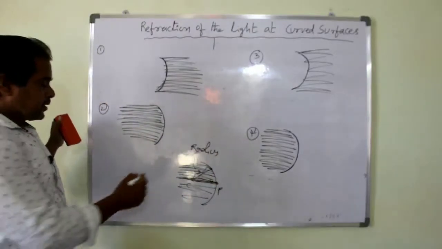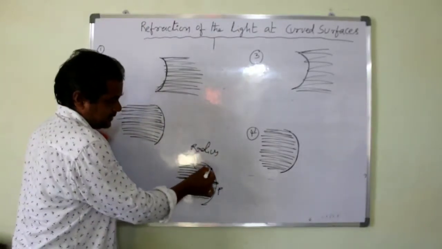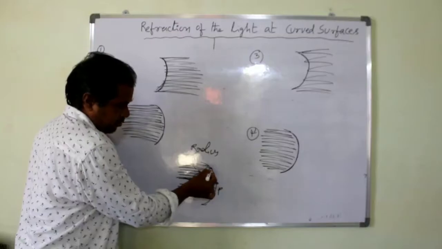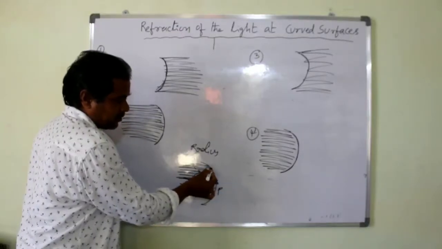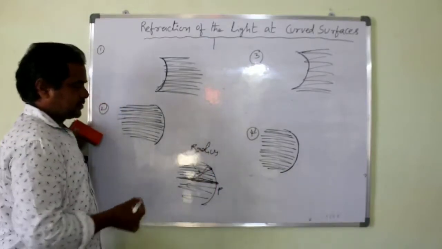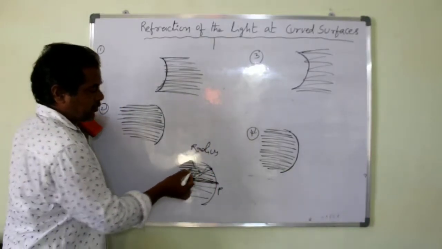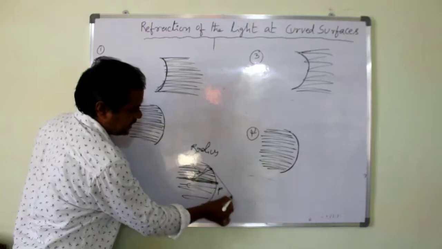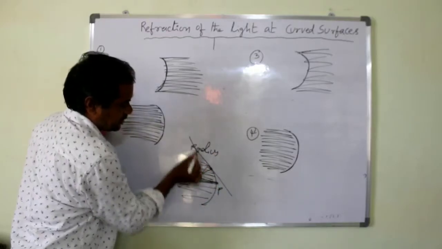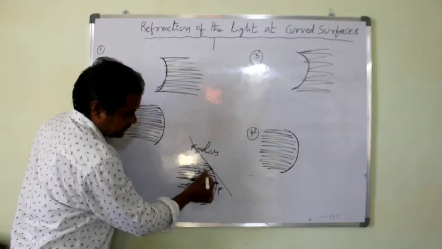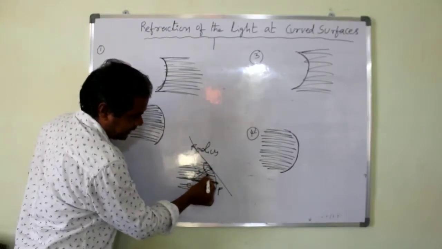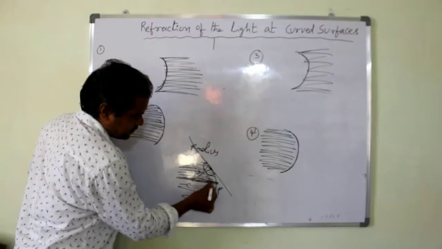The radius must be perpendicular to the point on the curved surface where it contacts, because if you draw a tangent in either direction, the angle between this radius and the tangent becomes 90 degrees.